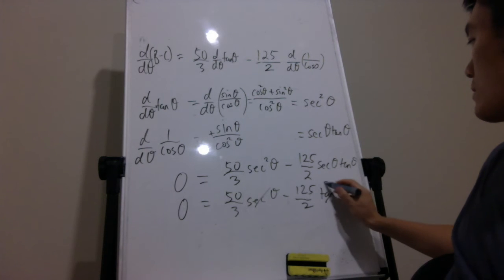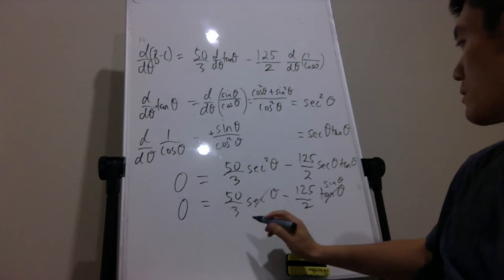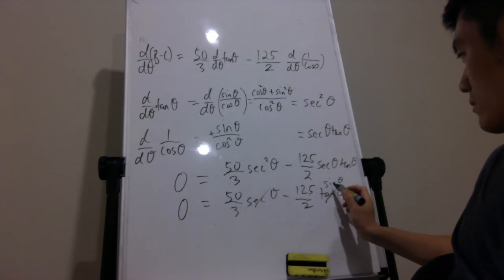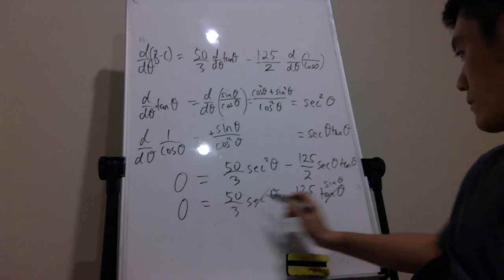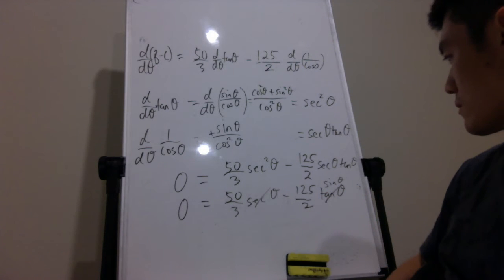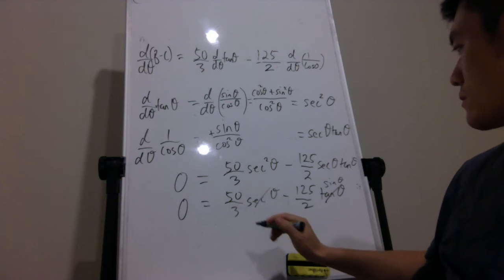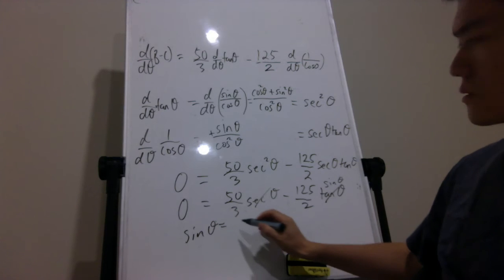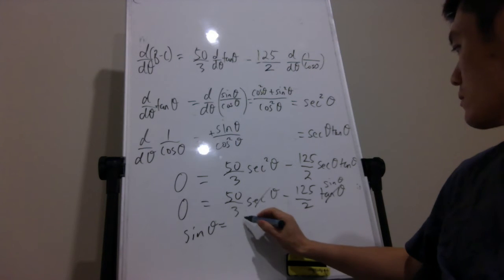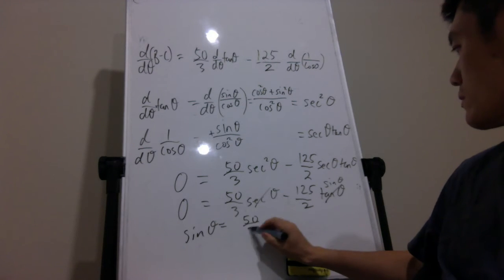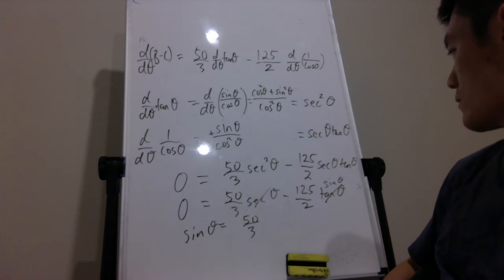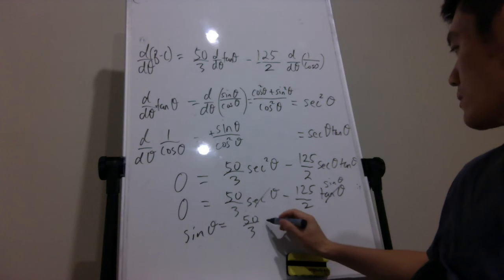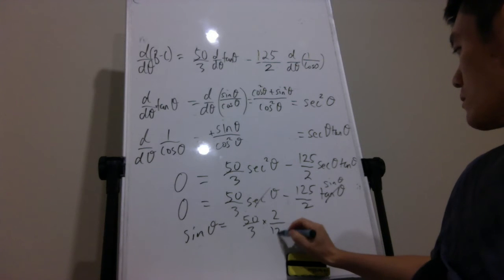That will give you sine theta. So we'll have sine theta equals this over this: sine theta equals 50 over 3, divided by, or times by 2 over, 125.